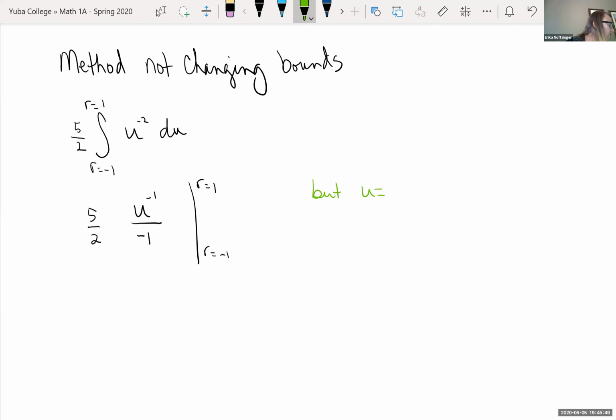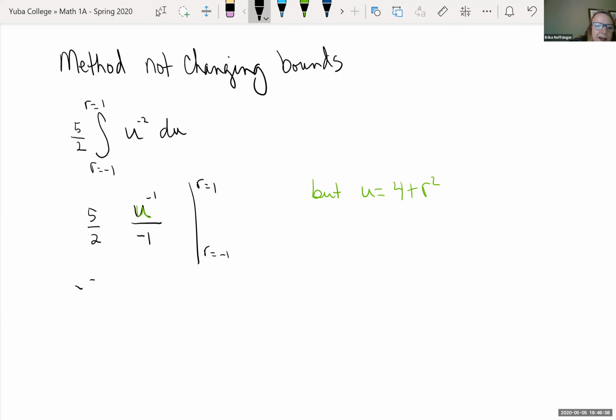But u is equal to that, what was it, 4 plus r squared? So we need to go back in here and we need to replace what u was with that. So we have this 5/2. I'm going to pull the negative out front.